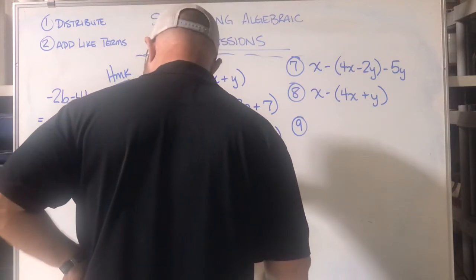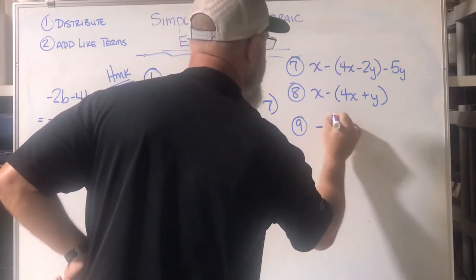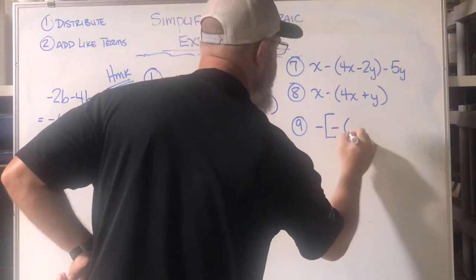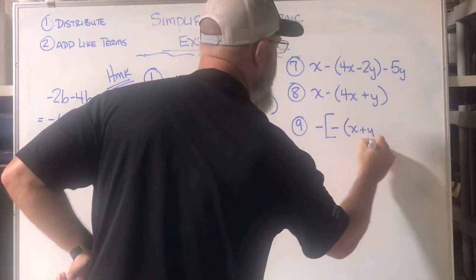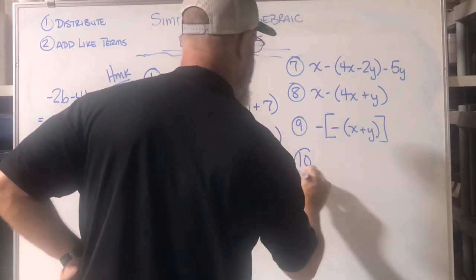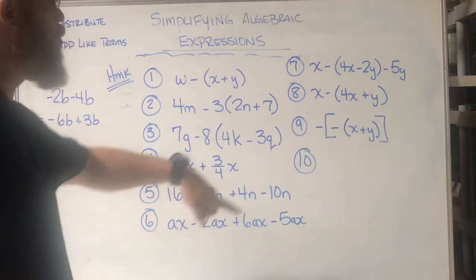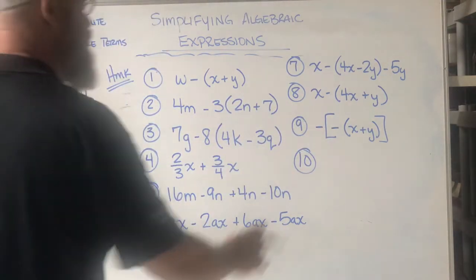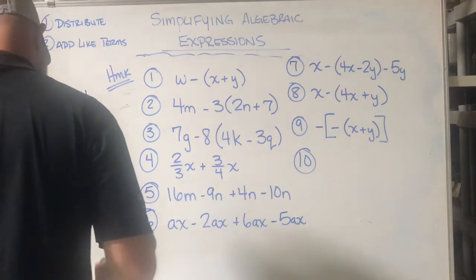Number 9, negative brackets negative x plus y. And then 10. On this one, you're going to have to remember order of operation with parentheses. Okay? All it is a double distribution problem.